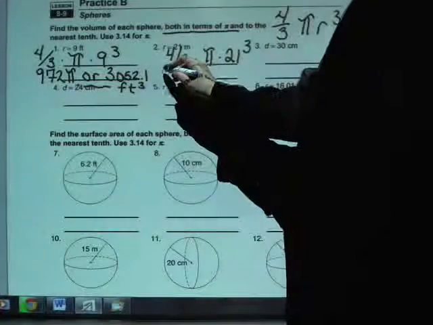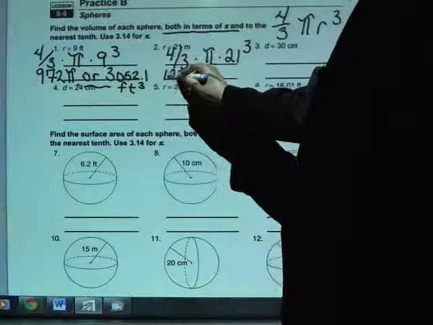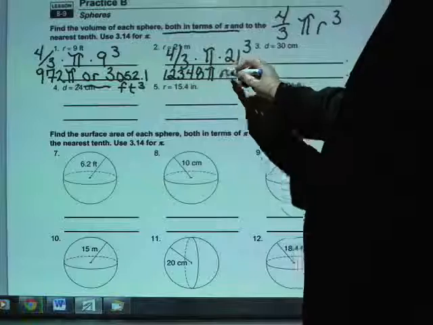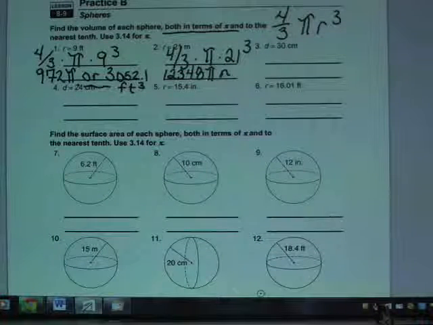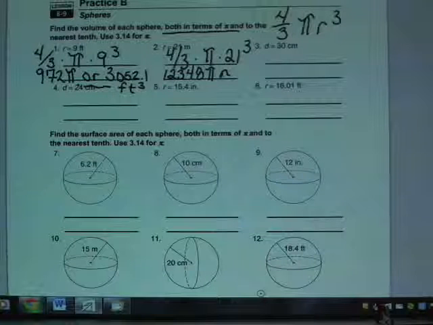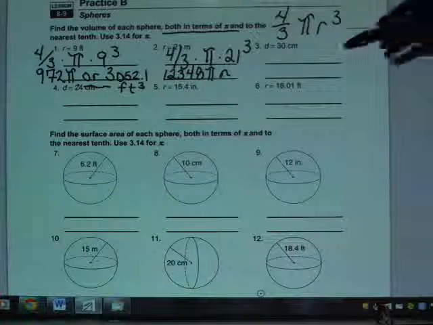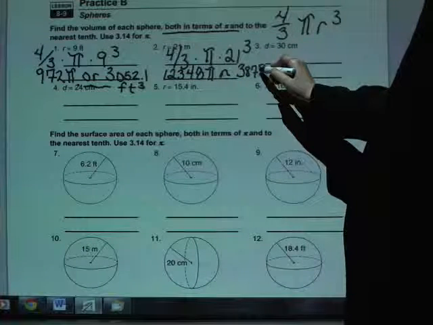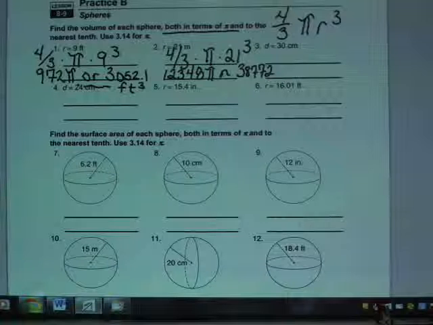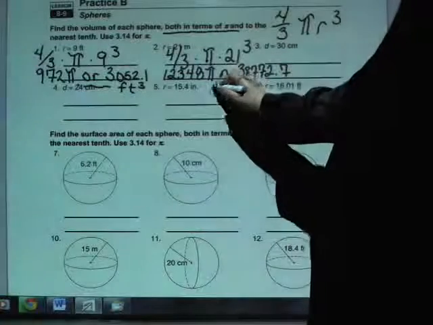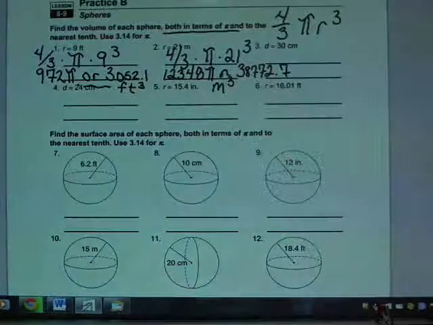So 12,348 pi. And then I'm going to take that 12,348 and multiply by 3.14, and that's 38,772. And we're going to have to round just a smidge because after that comes 0.72, but we're rounding to the nearest tenth, so that's 0.7, and that's all meters cubed.